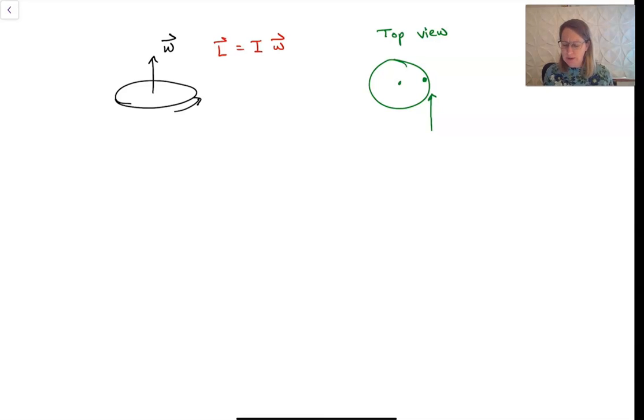Even though the kid is running in a straight line, we can describe the kid as having an angular momentum. Instead of looking at I omega, which doesn't make much sense for the kid, we can talk about the angular momentum of a particle. Usually we make this a lowercase l, but you can use a capital L. For a particle, we can still use I omega.